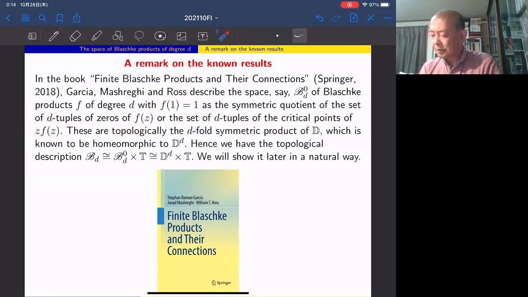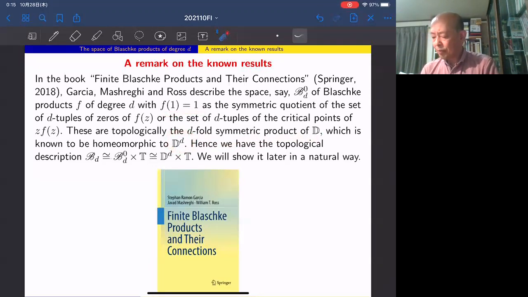So these sets may be used as parameters of the Blaschke products of degree D with this normalization. So therefore, topologically, it is the same as the D-fold symmetric product of the unit disk D, which is known to be homeomorphic to this polydisk.